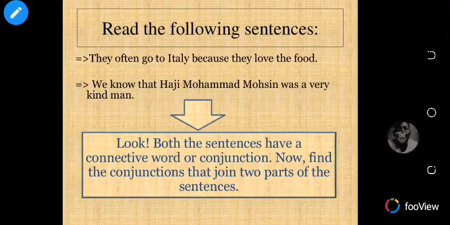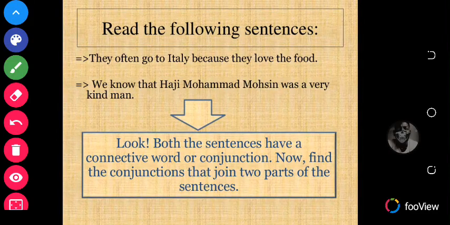Let's look at these two sentences. Sentence 1. They often go to Italy because they love the food. Sentence 2. We know that Hajj Muhammad Mohsen was a very kind man.